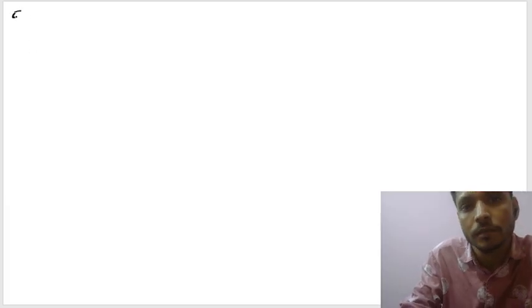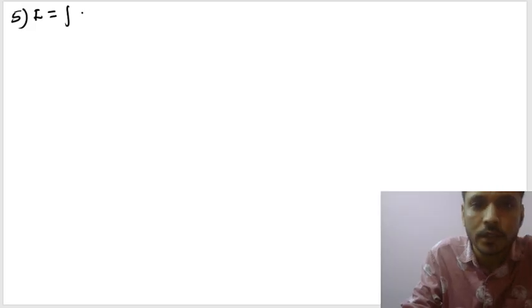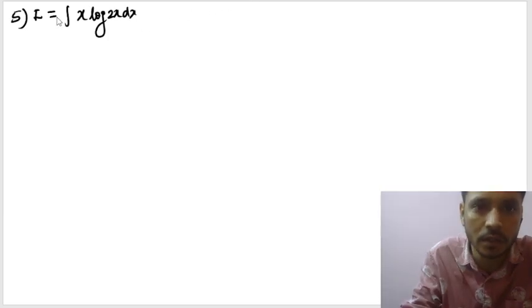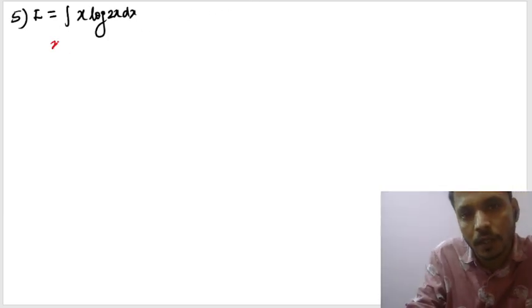We have given here I is equal to integration of x log, this time it is 2x, right, into dx. So we can do it a little faster this time. Means here we will write log x is the first function here. So log x outside, and actually it is log of 2x.